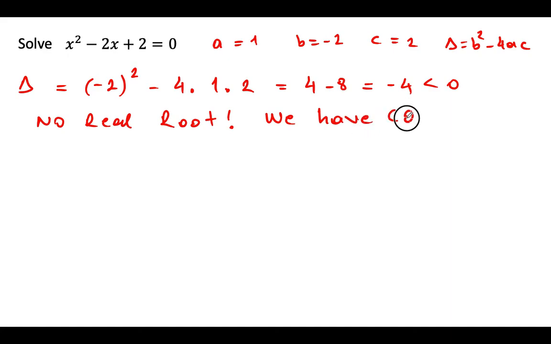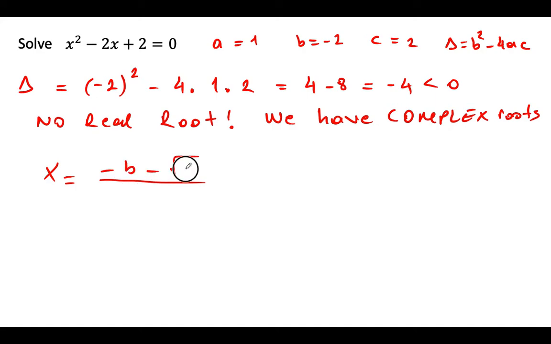In order to find them, the first root is equal to negative b minus root delta over 2a. B was negative 2, let's use the parentheses, it's better, minus the delta which we have calculated, negative 4, over 2 times a, which is 2.